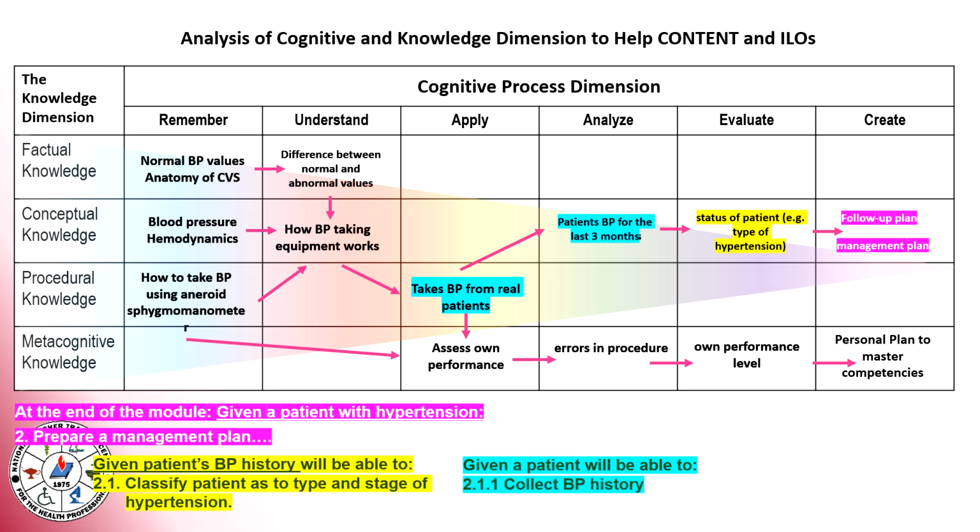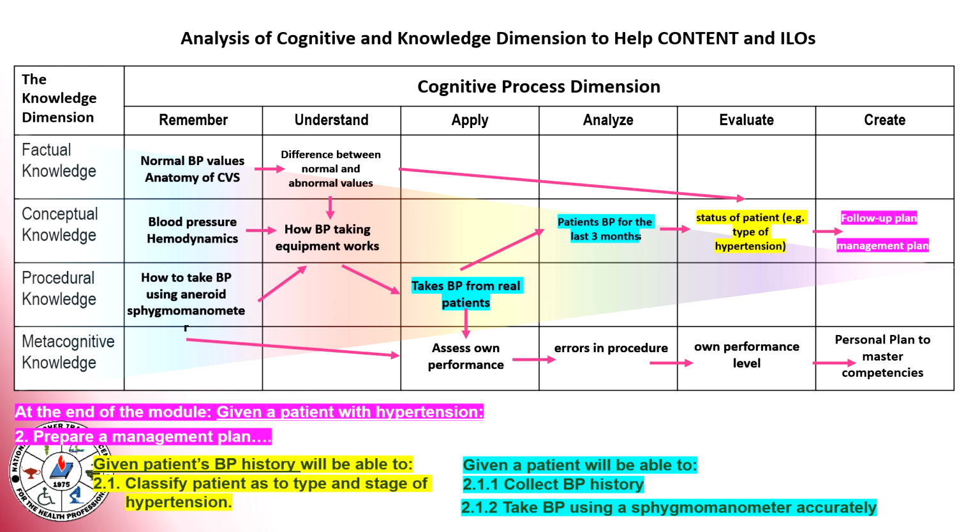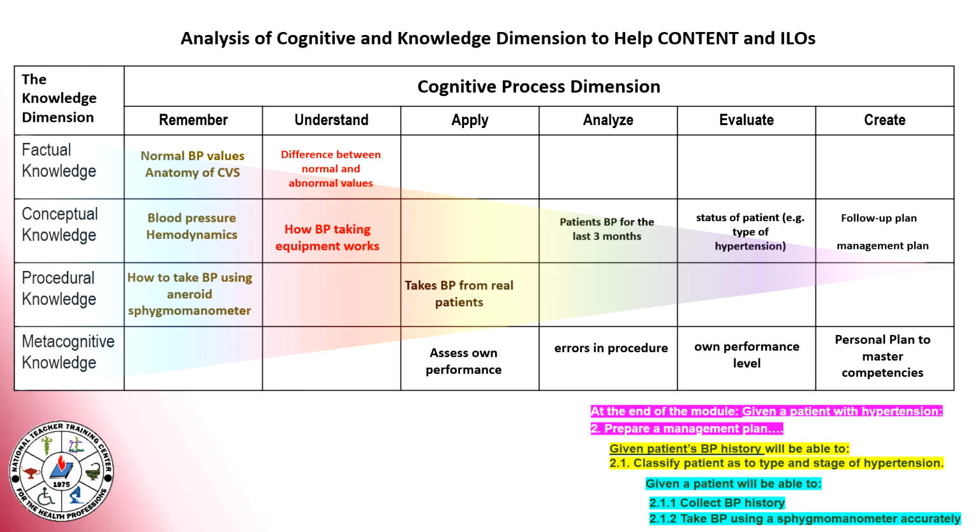But to be able to classify, you need to be able to collect BP history, and to be able to collect BP history, you need to take blood pressure from your patient. And eventually, what you notice from that already is we have 1, 2, 3, 4 objectives or intended learning outcomes, 3 levels of intended learning outcomes, from the lower order to eventually the higher order creation.